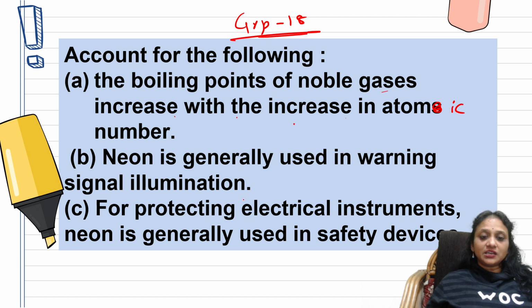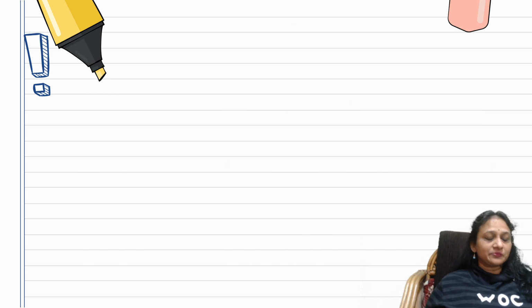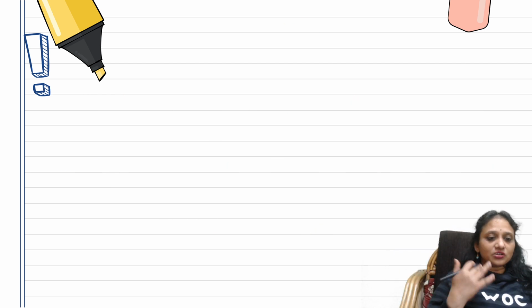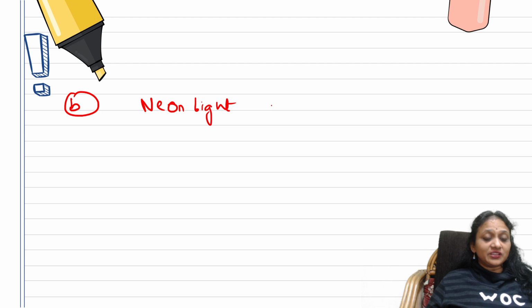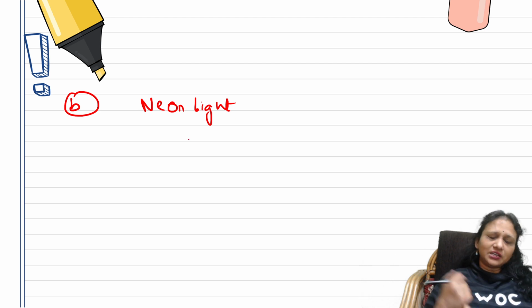Next, students. Neon is generally used in warning signal illumination. Why? Why are we using neon gas as a warning signal? What is the speciality of neon gas, students? Neon lights, you can see them even when there's mist and fog during your winter season.